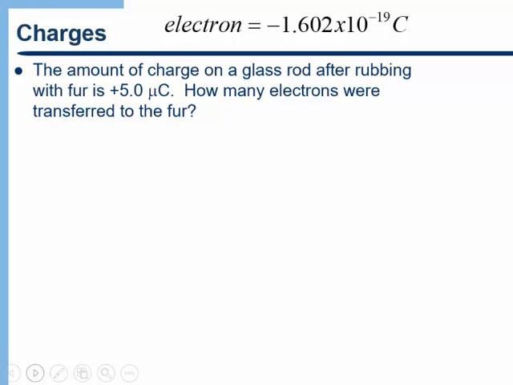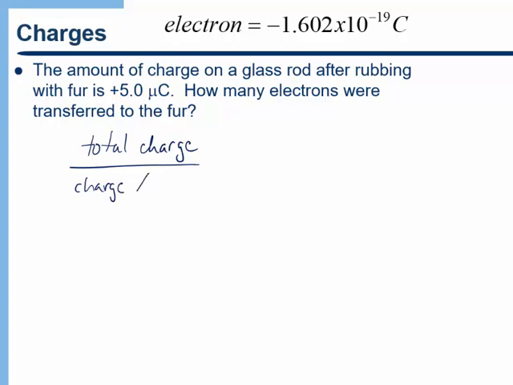So the question is, how many electrons were transferred to the fur? Well, we can figure that out by just taking the total charge on the fur and dividing by the charge per electron. That will give us the number of electrons.